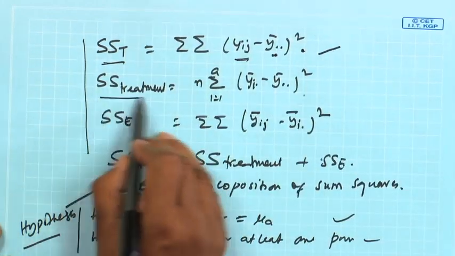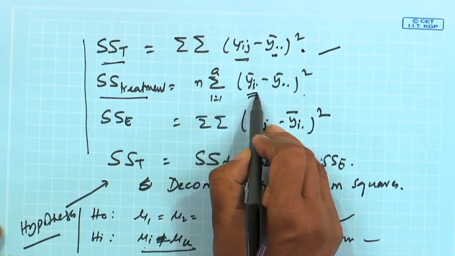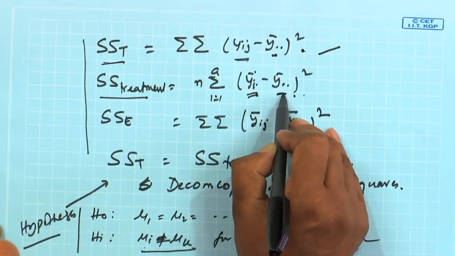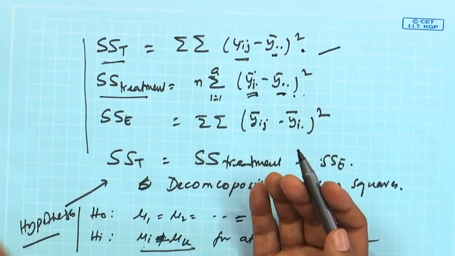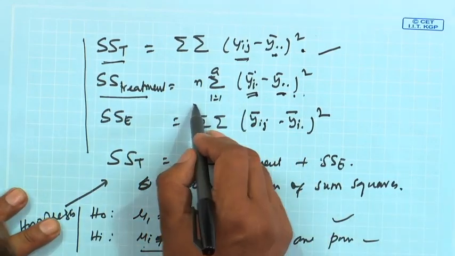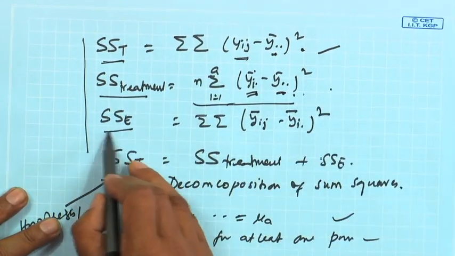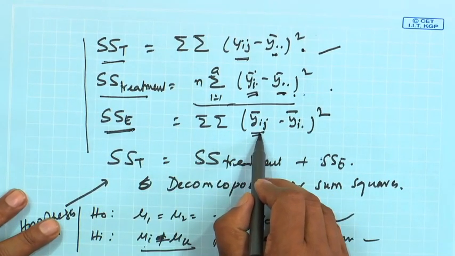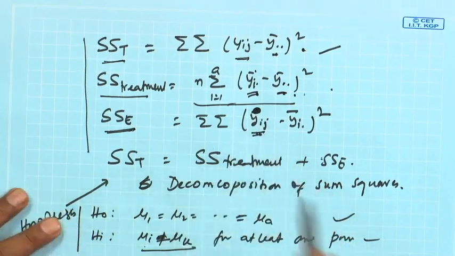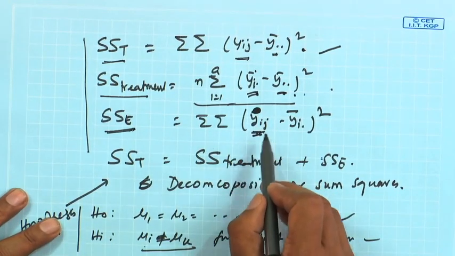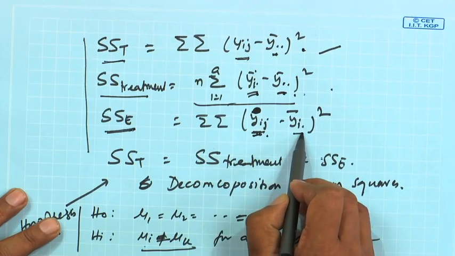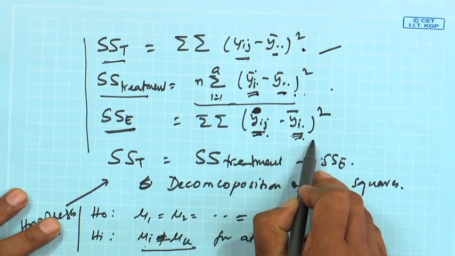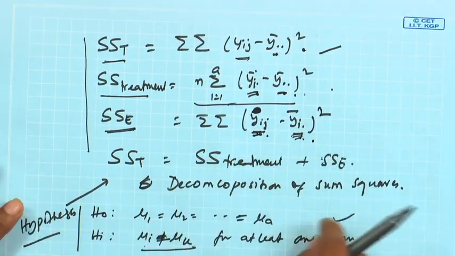When you are talking about SS treatment, every level average is subtracted from the grand average, then that difference is squared and then using this you are getting this. And when you are talking about SS error, that means every observation Yij, not Yij bar, Yij, is subtracted from its respective level average, and then this is summed up.